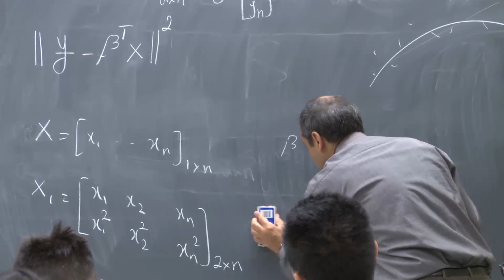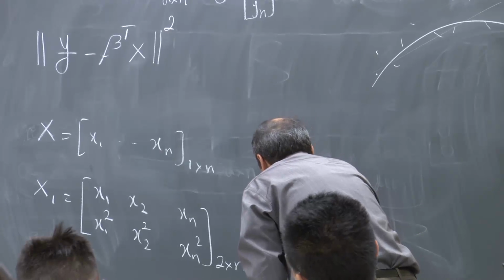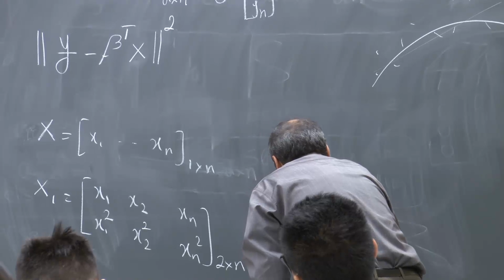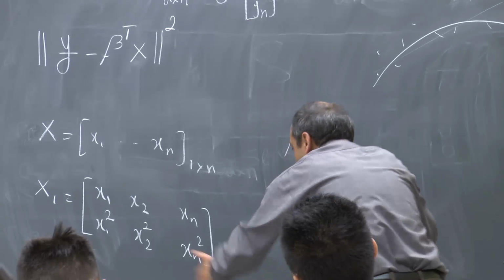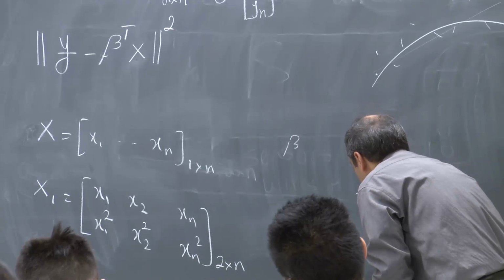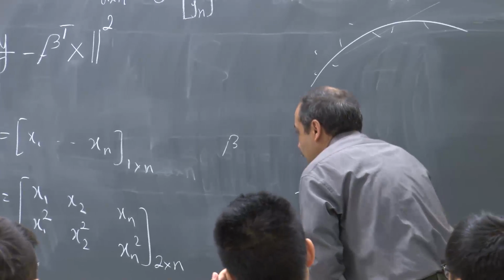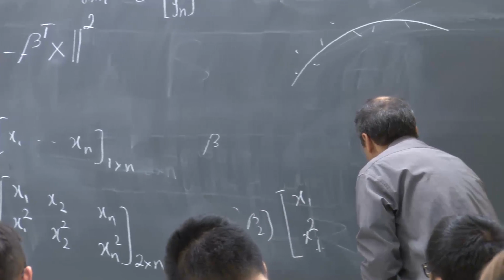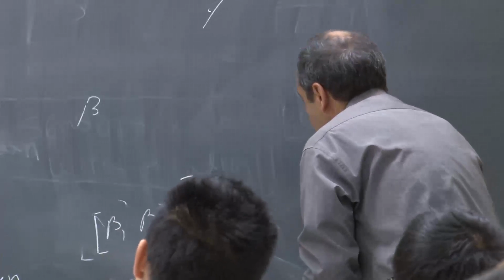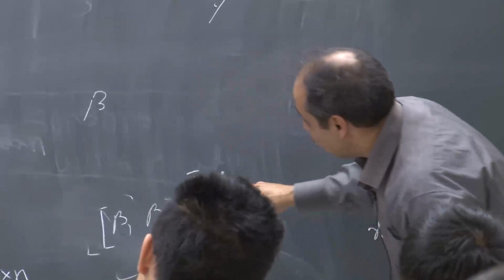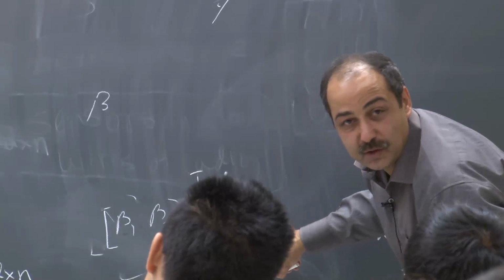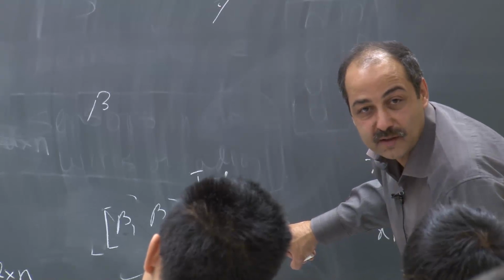So if I take the transpose of this, beta 1, beta 2, multiply by this matrix, see what's going to happen? It's beta 1x1 plus beta 2x2 x1 squared.